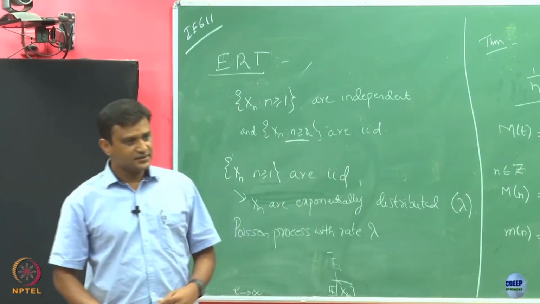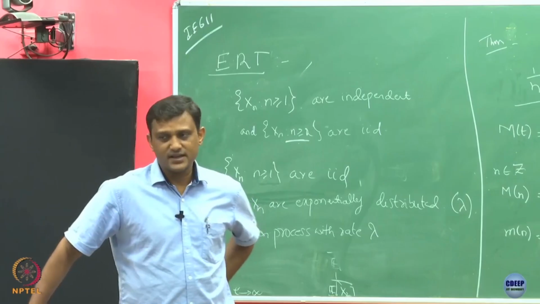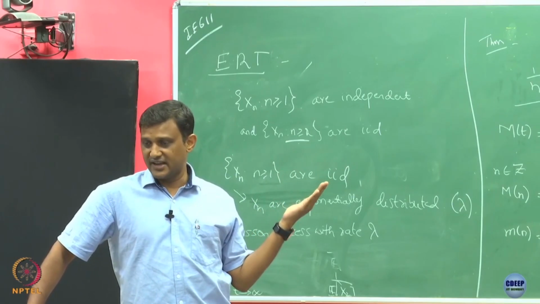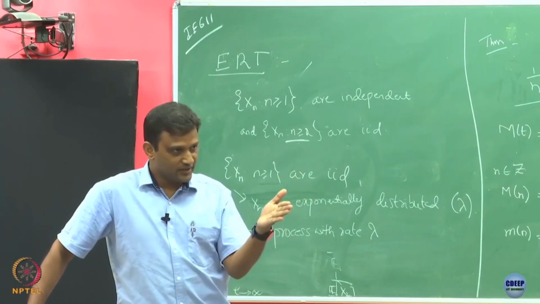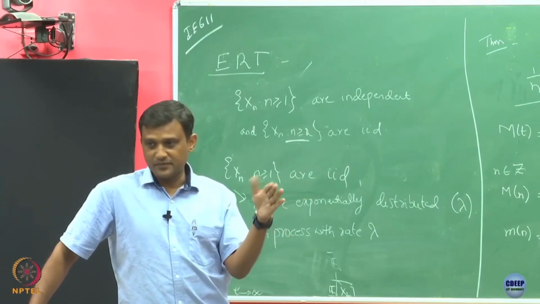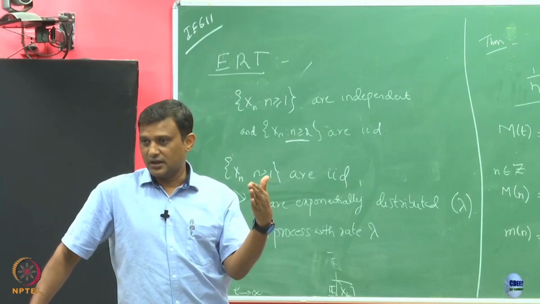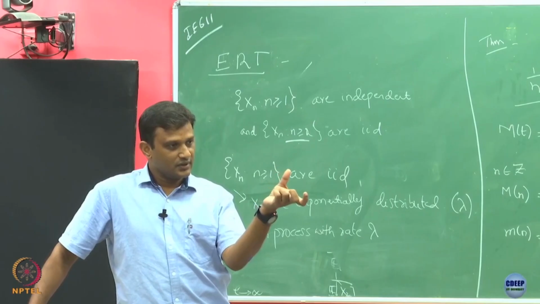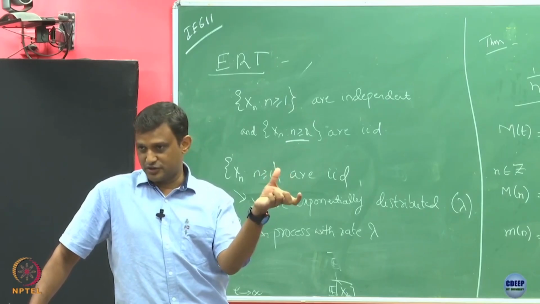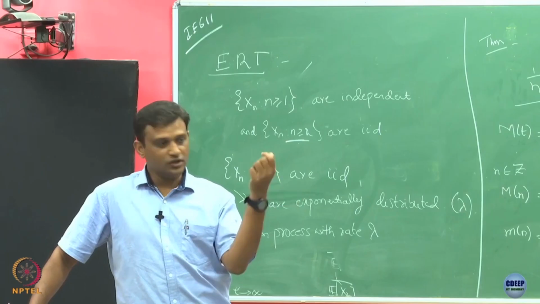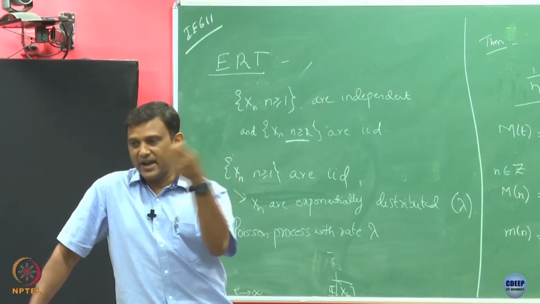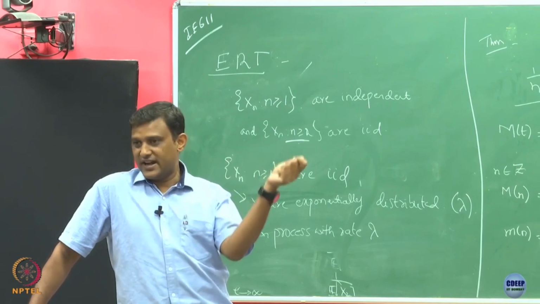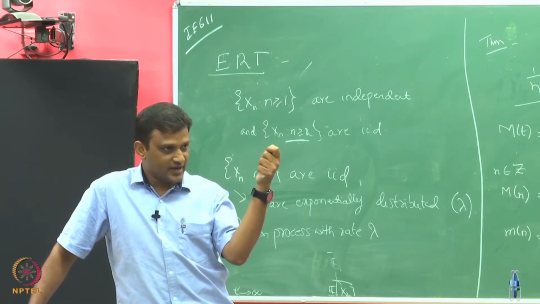So how did we describe our Poisson process? Basically we said that a Poisson process is a counting process which is counting something, and the time between two counts is exponentially distributed with parameter lambda, right. So a count can happen at any time, it does not have to happen at some discrete time slots, right.